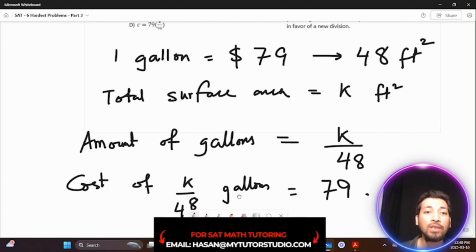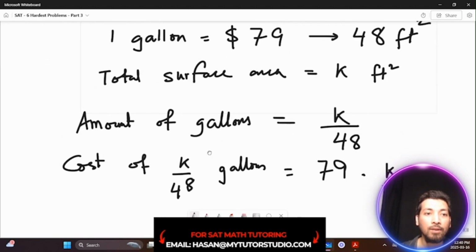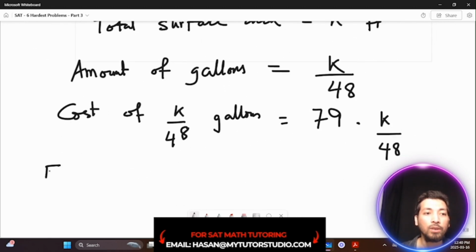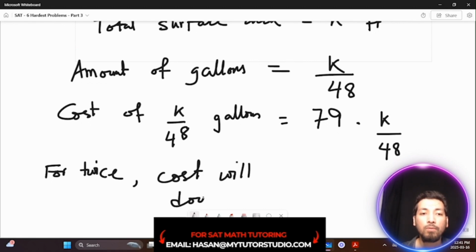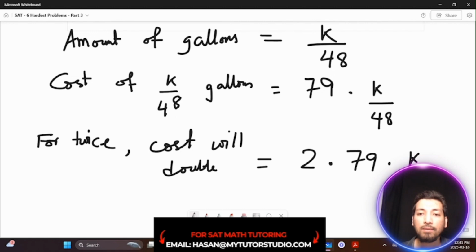Now we need to do it twice. So for doing it twice, the cost will also double. So we just need to multiply this by 2. So 2 times 79 times K over 48.